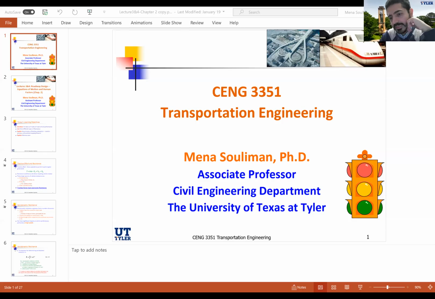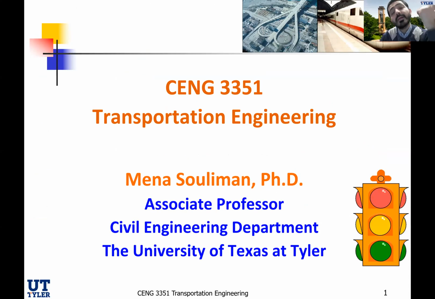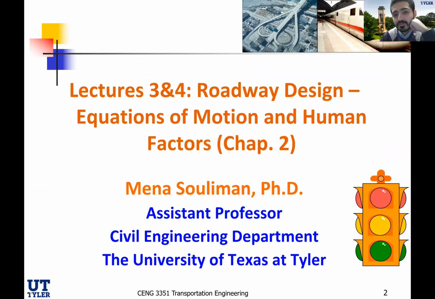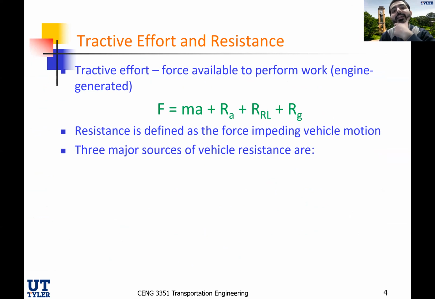All right, so chapter 2. Let me share that. Okay, chapter 2. Again, you're going to see a couple of problems, some calculations and some conceptual questions from chapter 2 when we talked about the tractive force and resistance.